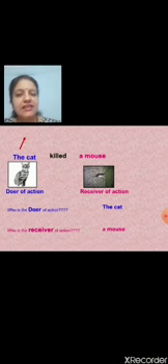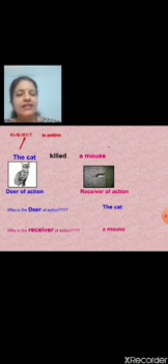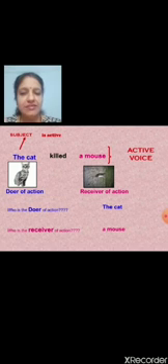The subject is active. When the subject is doing the action, it means the subject is active. So then the sentence is said to be in active voice.